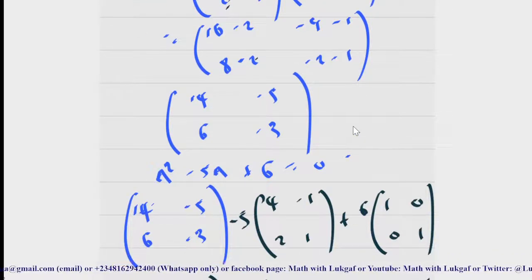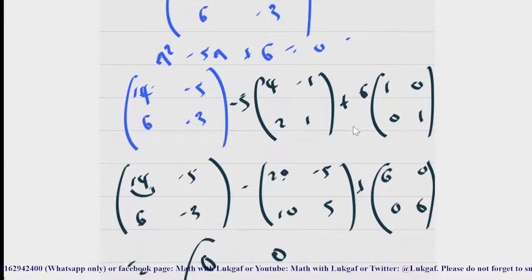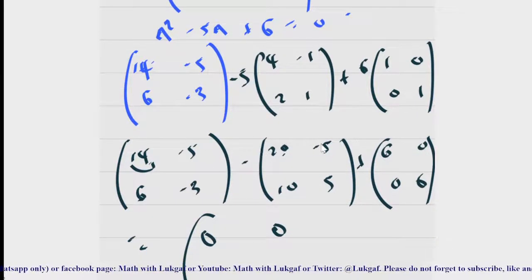That's 6 minus 3. Okay, let's try it again. So this is minus 10 minus 5. Okay, now 6 minus 10, that is minus 4. Yeah, then something is wrong.